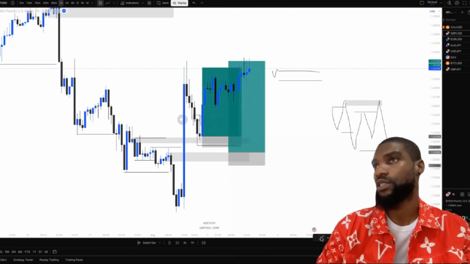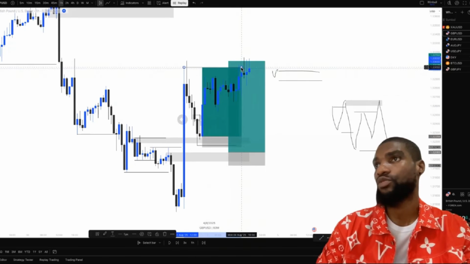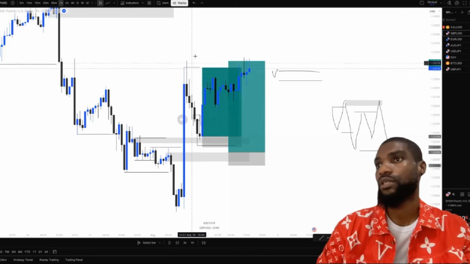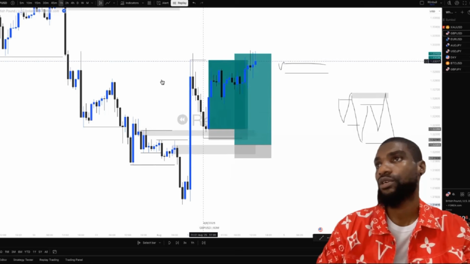So even if you want to consider this, now we have a break. Let's say we go to the lower time frame, you clearly see that this is a break of structure. Or we can say, okay, let's use this high, say this is a break of structure, and continue playing it.